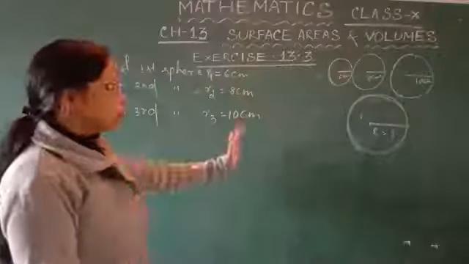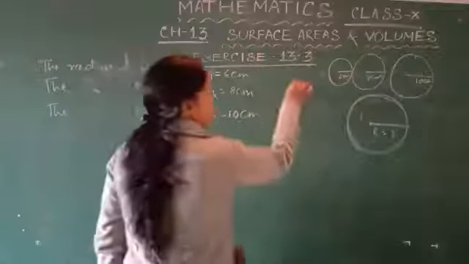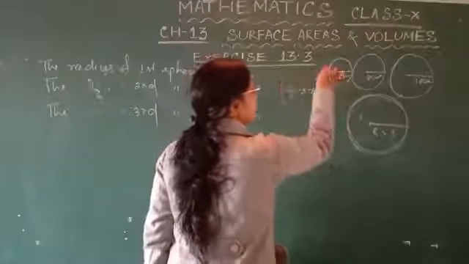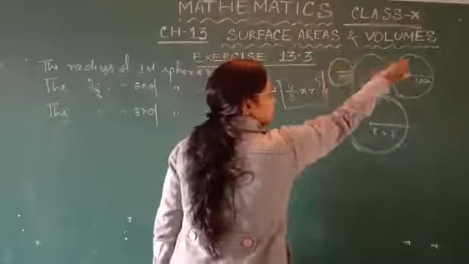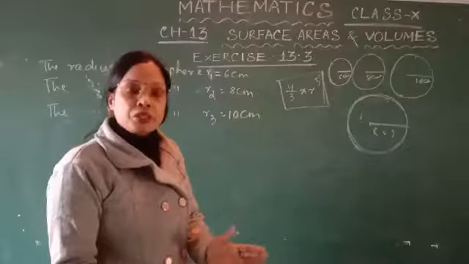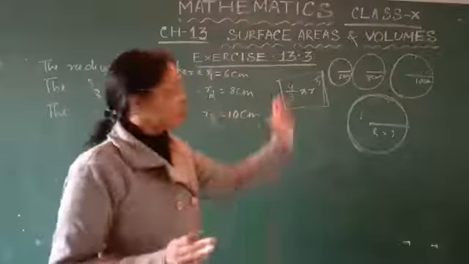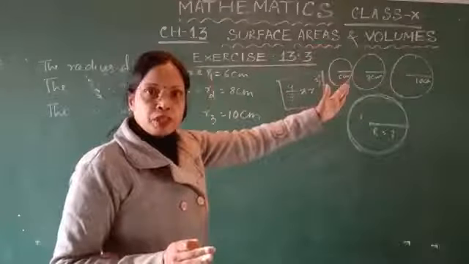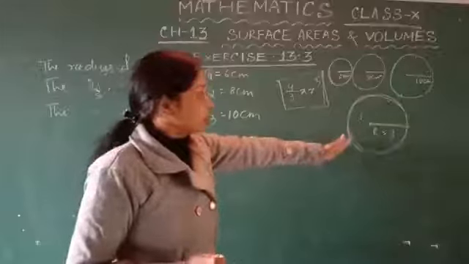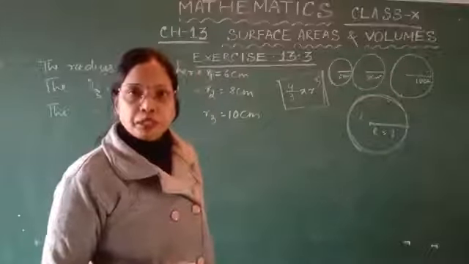Then we know the formula to find the volume of a sphere, that is 4 upon 3 pi r cube. In each case you find the volume, and according to our question all three are melted, so the sum of these three is equal to the volume of the fourth solid sphere.